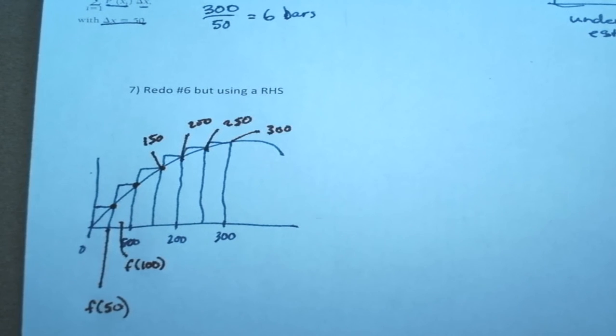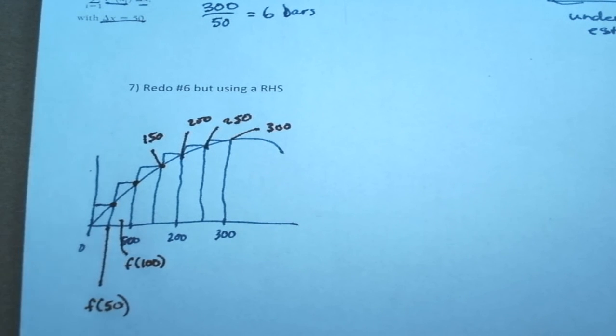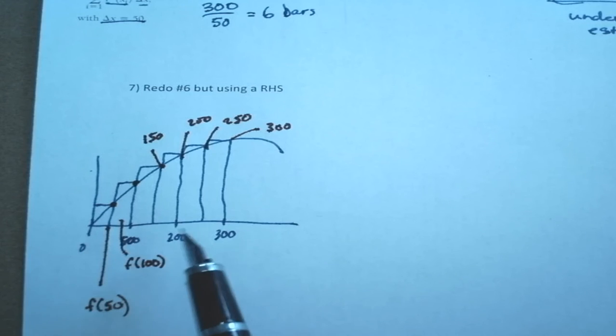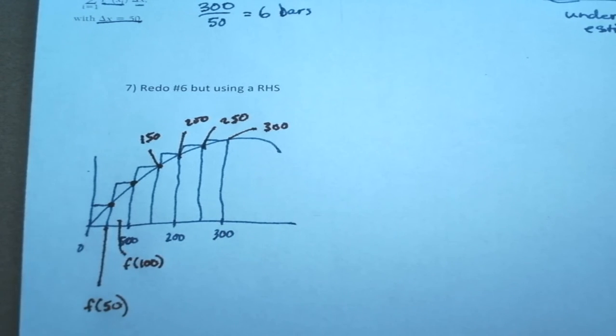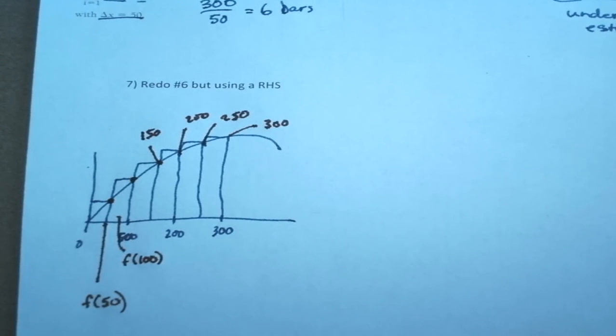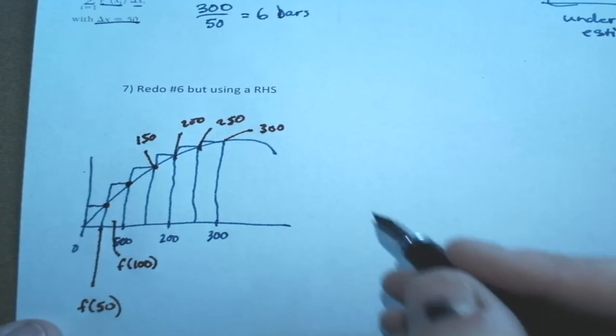Why? Because we're using the right-hand side of each bar. So we omit 0 and include 300, whereas up above we omitted 300 and included 0 because it was a left-hand sum. And again, we're going to set this up, right?